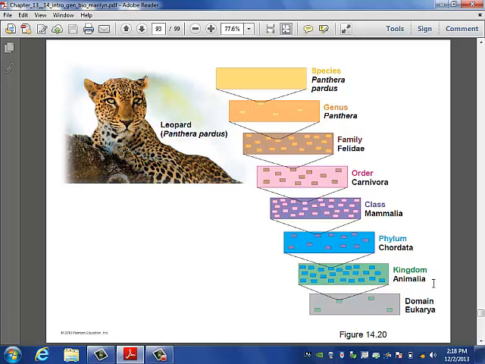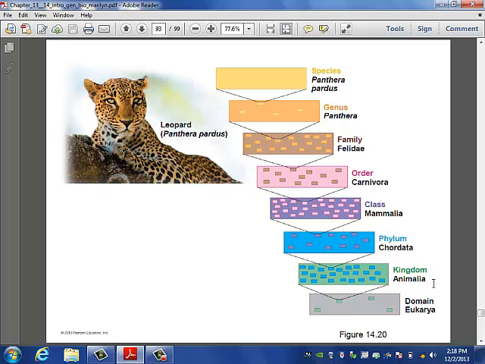Phylum, chordata. That means what? Spinal cords. Are you a chordata? Yeah. Mammal? Yep. We're still sharing the same. Are you a carnivore? Yes.